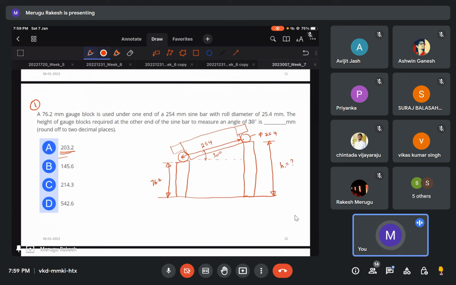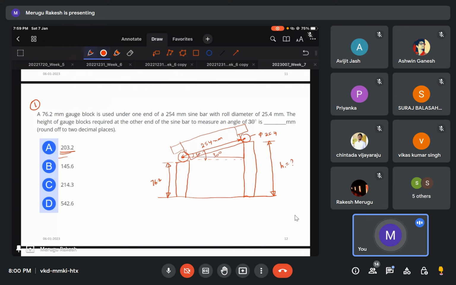If you remember this, if we just draw this diagram, it is straightforward. So we have this 255 mm length, and then we have these rollers. The distance between the rollers is nothing but this sine bar, 254, and then we have this triangle of 30 degrees.